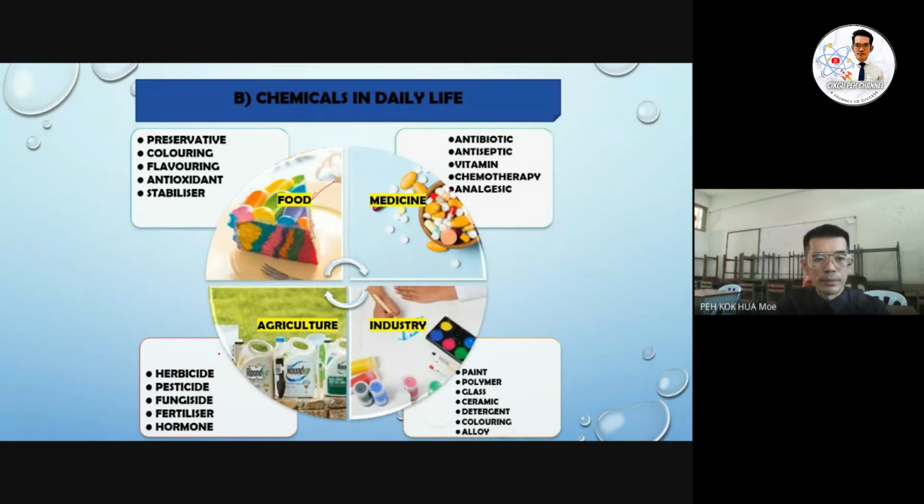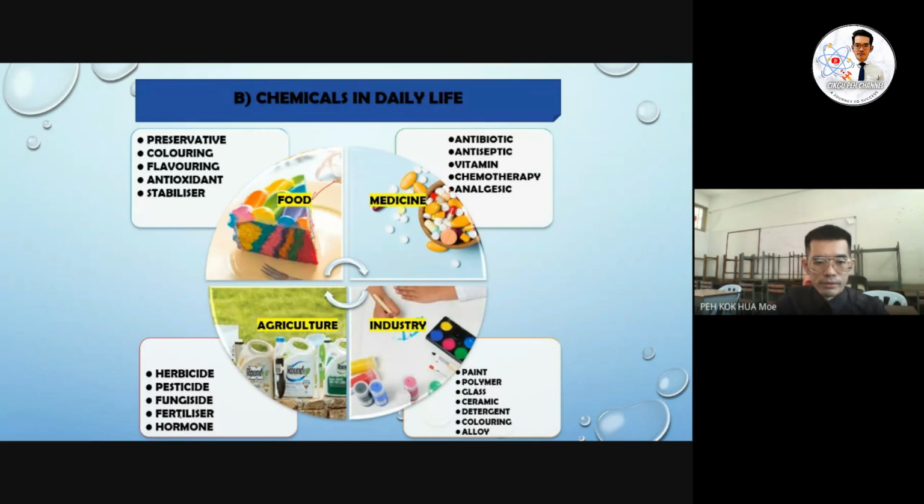Pesticide is also a toxic substance, used to control pests. And we have the fungicide. Fungicide is a chemical used to kill parasitic fungi and also kill the spores, because the spore is the thing that causes the fungi to grow.